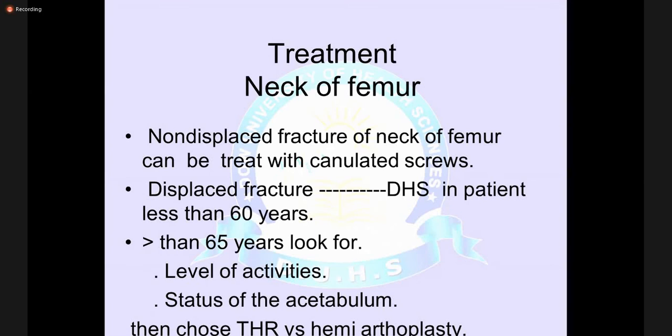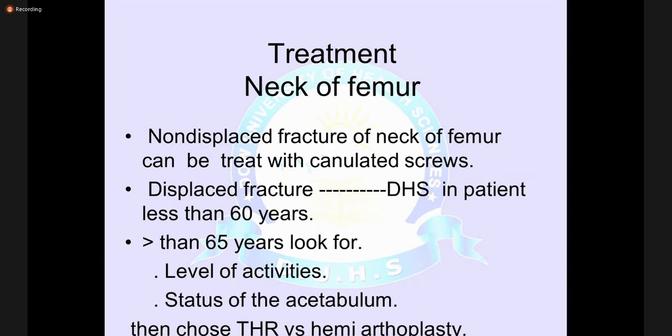So non-displaced fracture of the neck of femur can be treated with the cannulated screws. If the fracture is displaced, it is treated by DHS if the patient is less than 60 years. If it is more than 60 years, it depends on a few things like the level of activity and the status of the acetabulum.